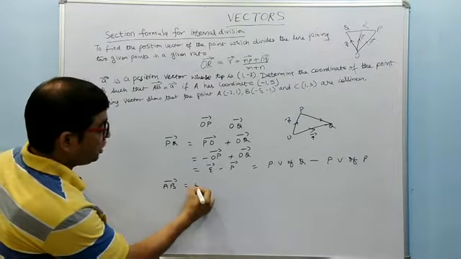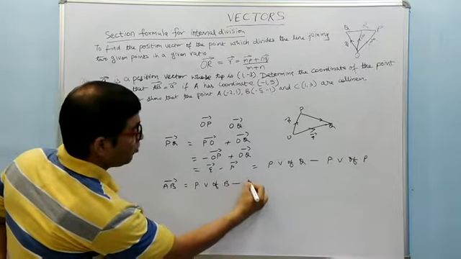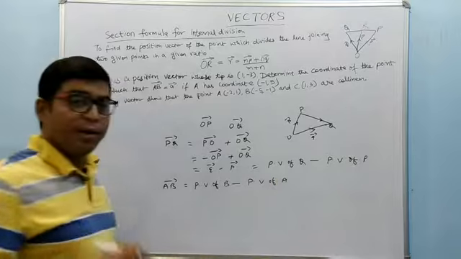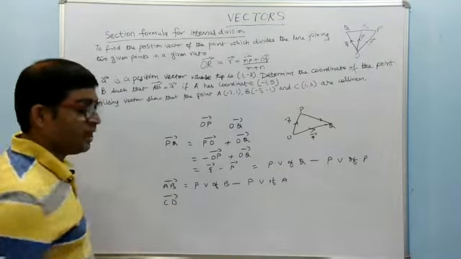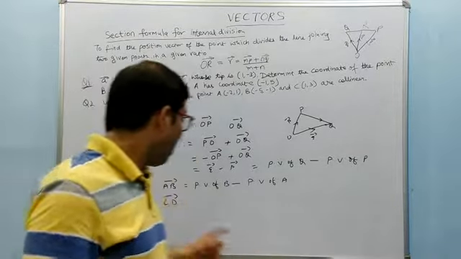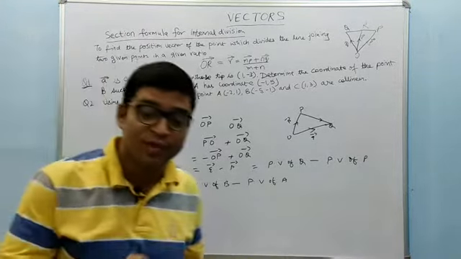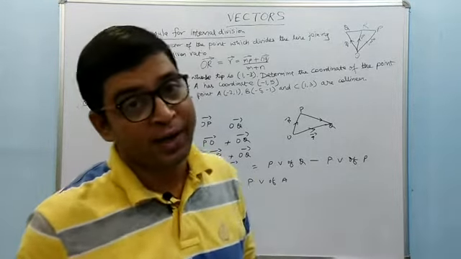You will write position vector of B minus position vector of A. If I say you have to find vector CD in terms of position vectors of C and D, how will you write? Position vector of D minus position vector of C. So this is very much clear, the basics of position vector.